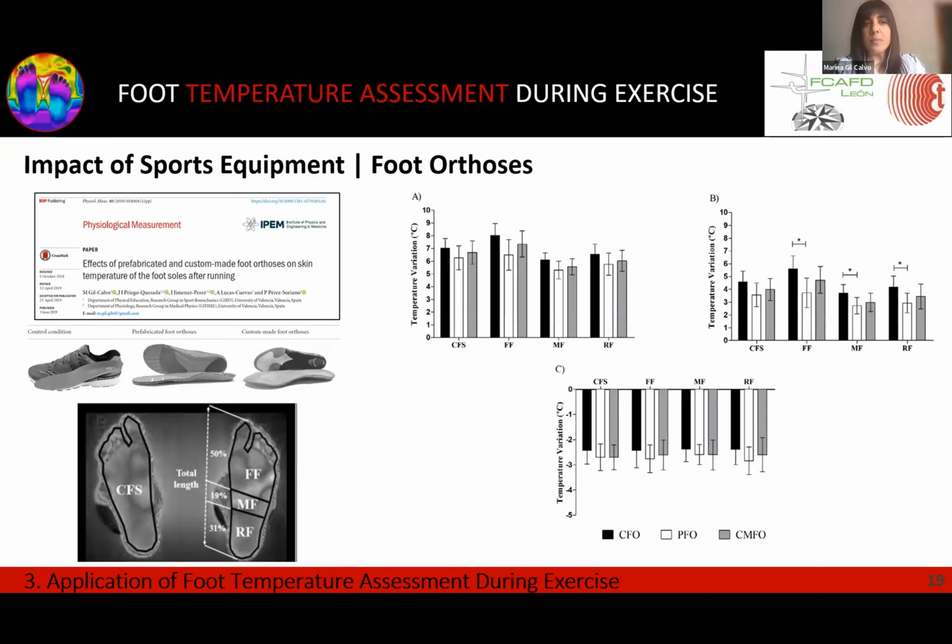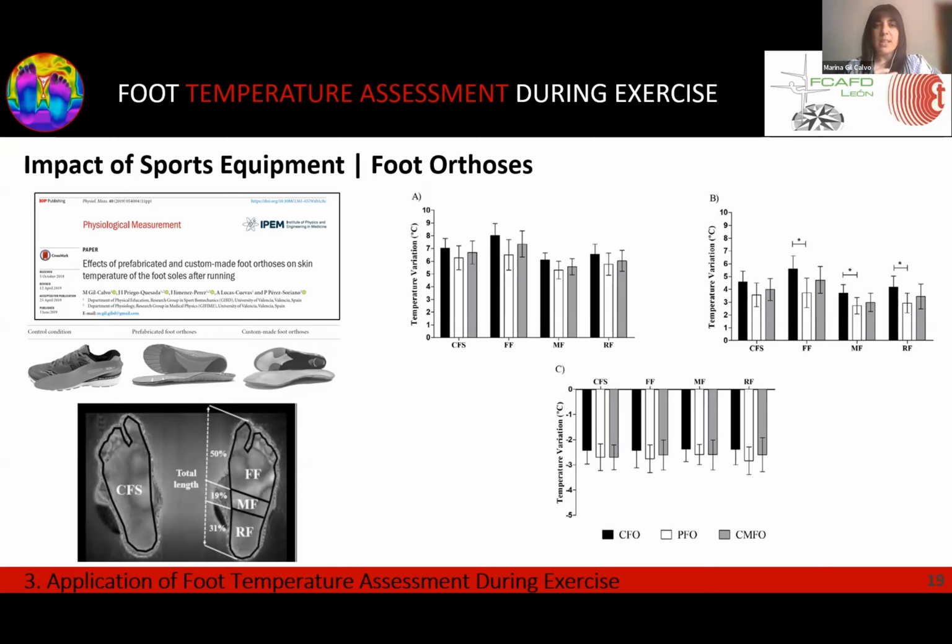In this study, we analyzed the effect of custom-made insoles compared with prefabricated running insoles and the original insoles provided by the shoes. And although slight differences appeared in some areas, such as the forefoot or the midfoot after running, these differences were very, very small, and the effect size was very low in all cases.